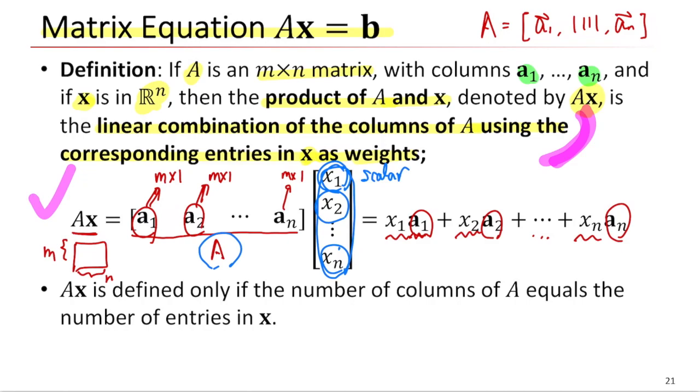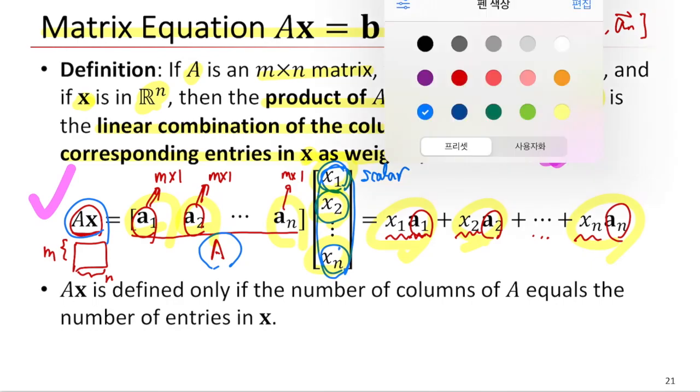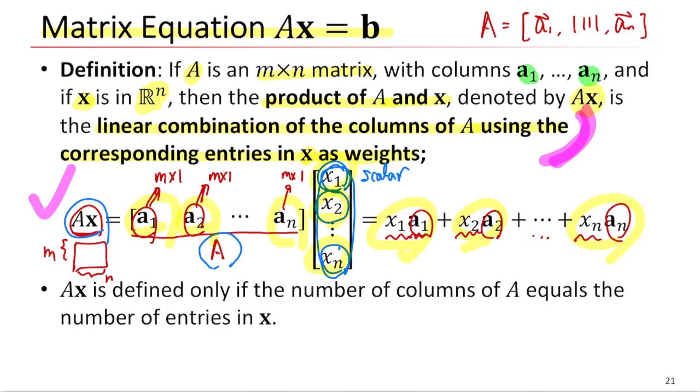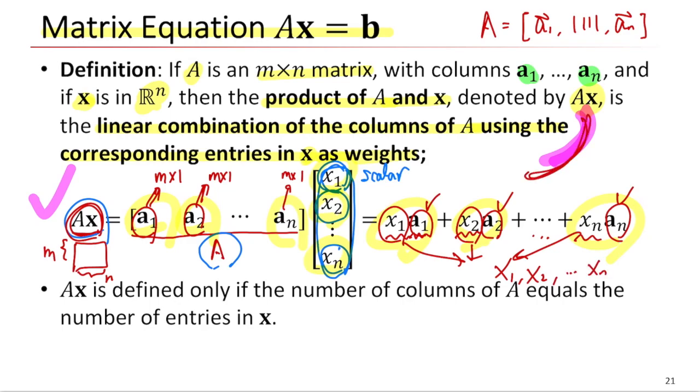So we can represent this Ax as the multiplication of each scalar with each column. This means that A times x is the linear combination of the columns a1, a2 through an with the weights x1, x2 through xn. So this is the definition of A times x.